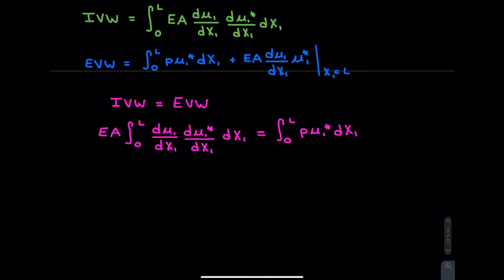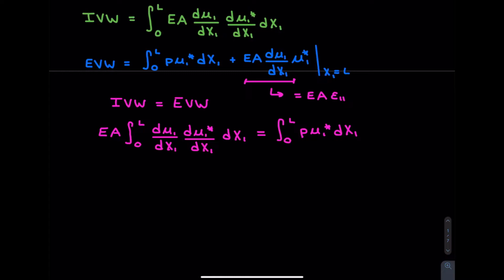Now, before we do that, we're going to take a look at this term right here. Here we have EA multiplied by the first derivative of our displacement function. Well, we know that this is actually equal to EA multiplied by, and remember, the first derivative of the displacement function is actually the strain function, so this is the same as saying E times epsilon 11.